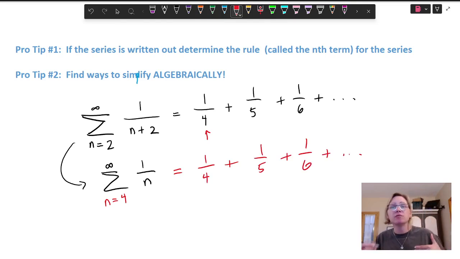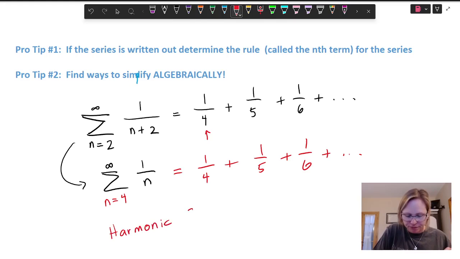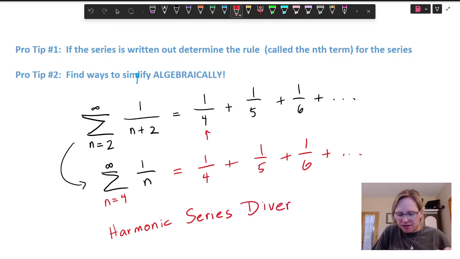So the terms have to match. But if you can do one of those two things, either write the terms out and show that it's the harmonic series, or rewrite it and pick a new starting value of n, then we can say that the harmonic series always diverges.